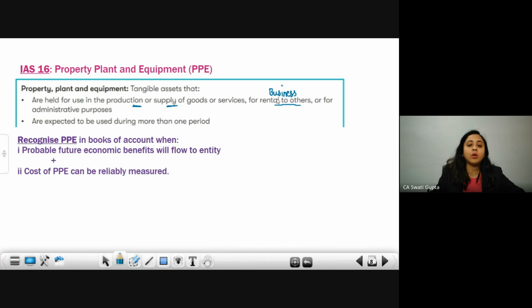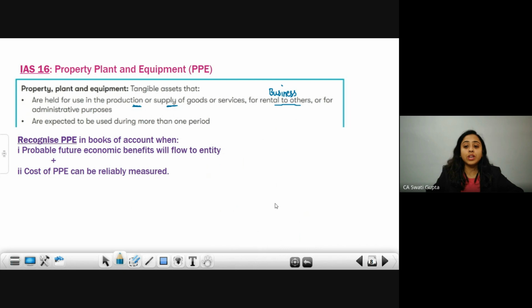For example, you have a logistics business and you are the owner of 10 trucks and your business is to provide trucks on rent. Or you have a tour and travel business and you have, for example, 10 luxury buses, and you provide those buses on rentals.